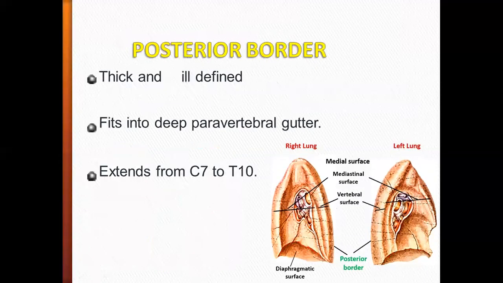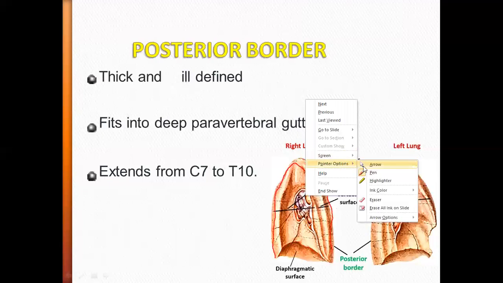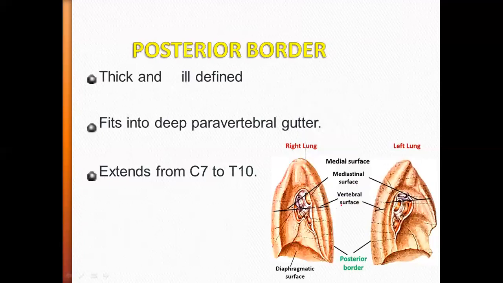Next one is the posterior border. Where is the posterior border? Here. I'll erase it. Here, can you see this side? It is blunt.